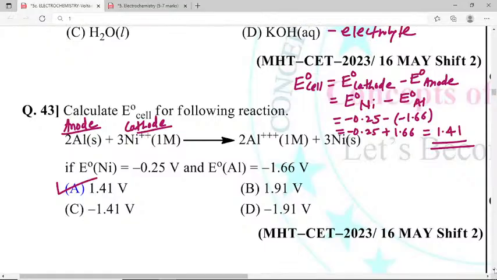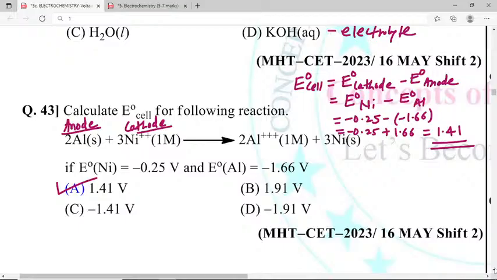Cathode minus anode, always remember. E naught cell is equal to E naught cathode minus E naught anode. E naught nickel minus E naught aluminum is equal to minus 0.25 minus of minus 1.66. The E naught nickel value given is minus 0.25.